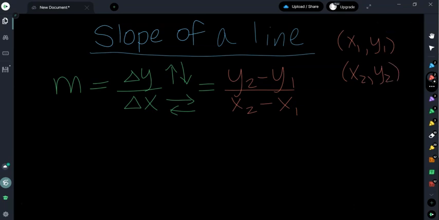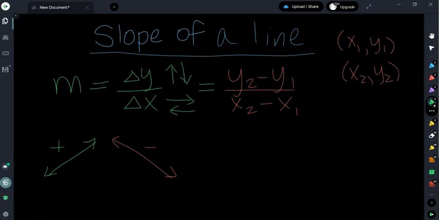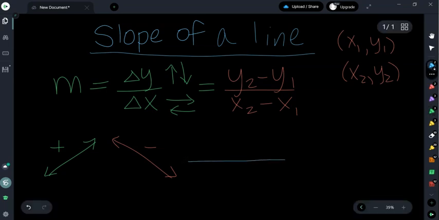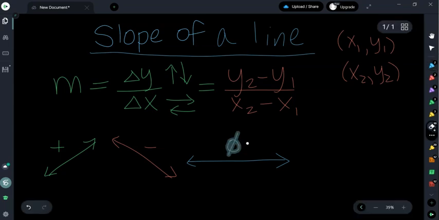Then we had the 4 types of slopes. You've got the positive slope, which is the slope that climbs from left to right. You have the negative slope, which is the line that falls from left to right. You have the horizontal line, which has a 0 slope. I'll put a little line through it, that's a 0. Sorry, there is a 0 slope for this line.